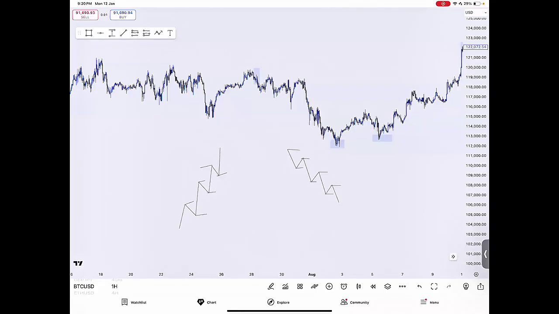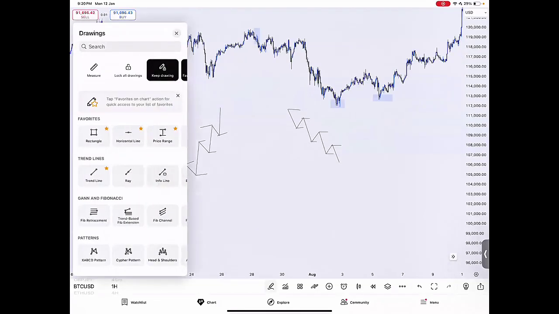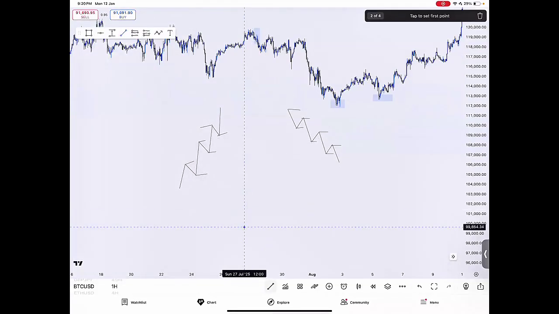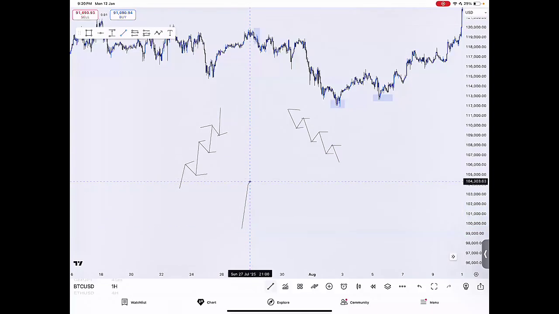So under the trending section of market structure, we have the uptrend and the downtrend. Then under the ranging side, we have what you call a consolidation or a ranging market. It's basically when price is not trending up and is not trending down, it's ranging, moving from your support level to your resistance level, to support, to resistance, to support.